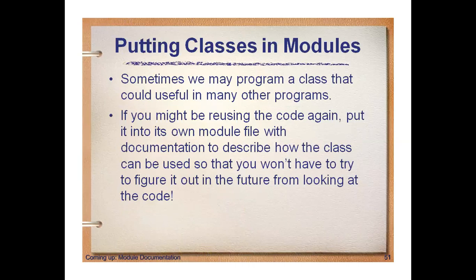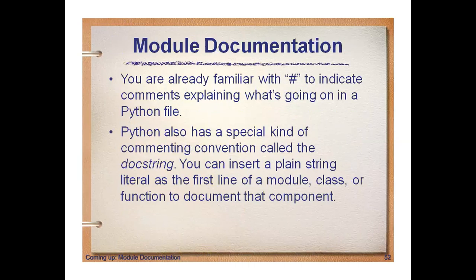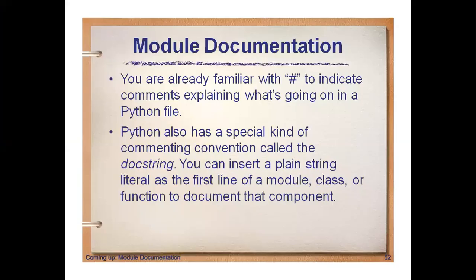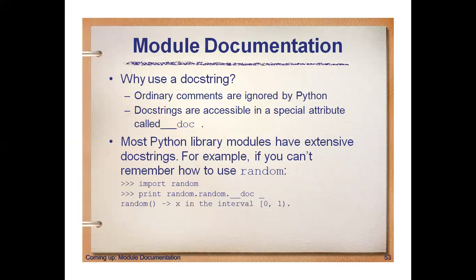Next, classes in modules is again about documentation and module declaration. If you want to put a comment here, you can always declare it by putting a hash in front of it, right? So this is what module documentation is. Why use docstrings? Sometimes this question may arise. Ordinary comments are ignored by Python.